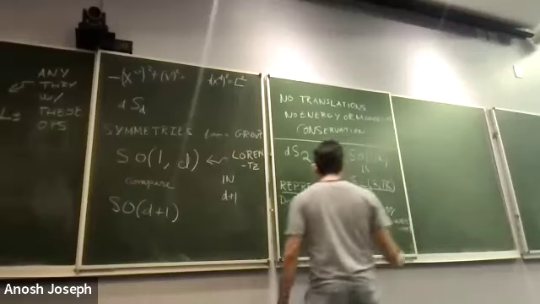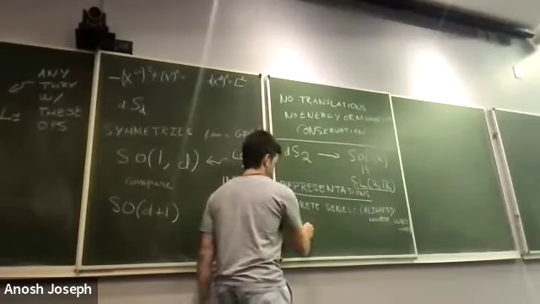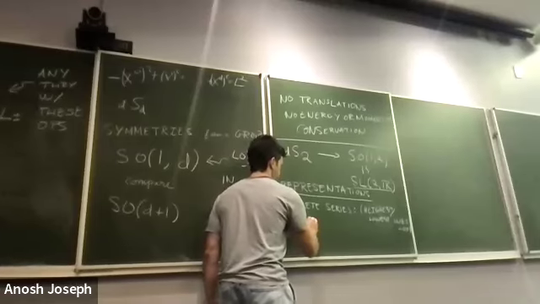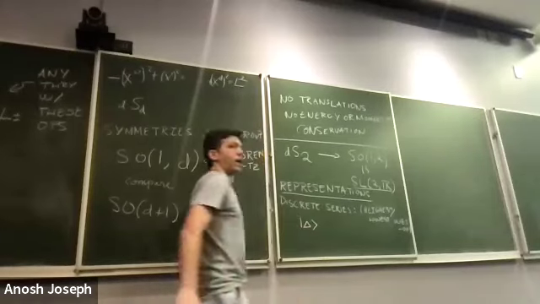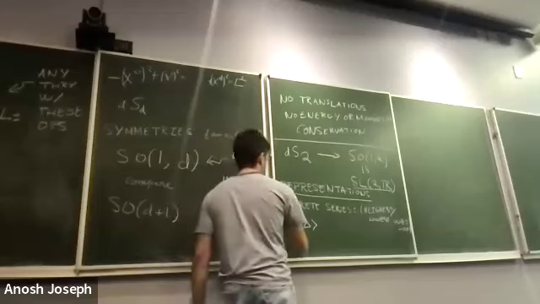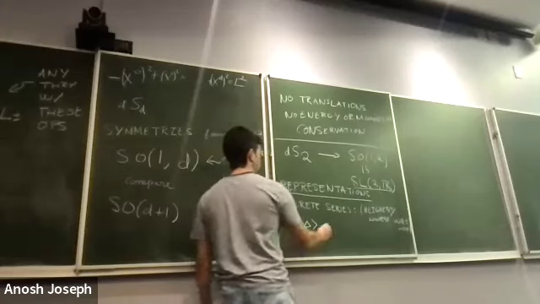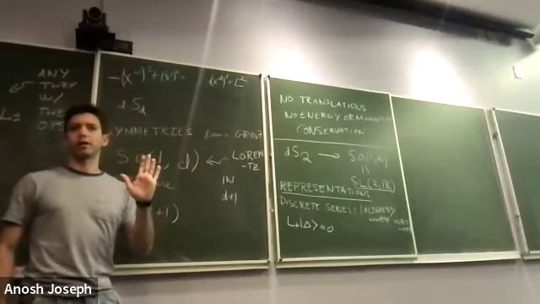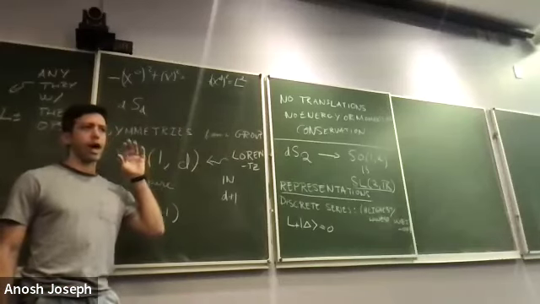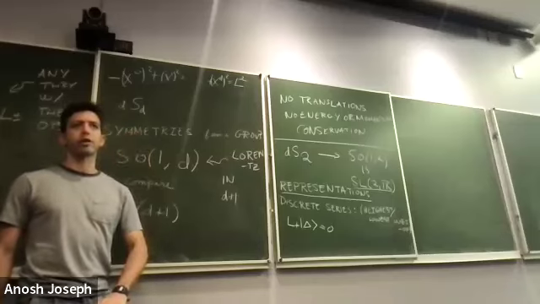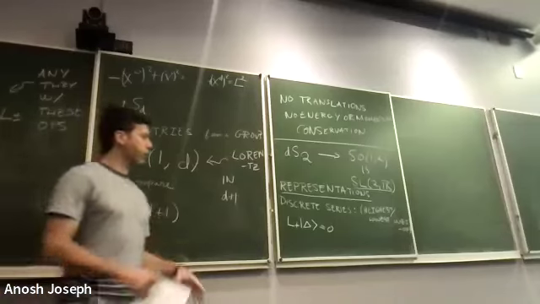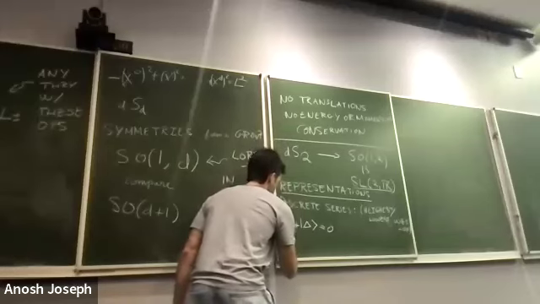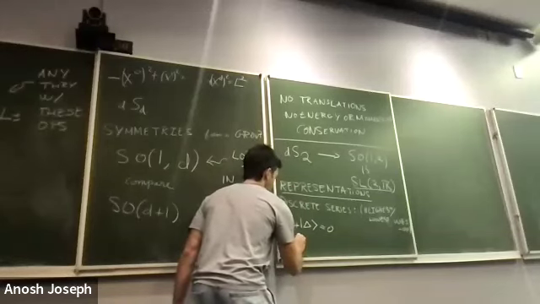What this means is that there is some state, I'm going to call it delta, and if I try to act with L plus on it, I get 0. Think about that like the harmonic oscillator. There's a ground state. If I try to act with a lowering operator on the ground state, I get 0. And then the whole Hilbert space is generated by L minus.